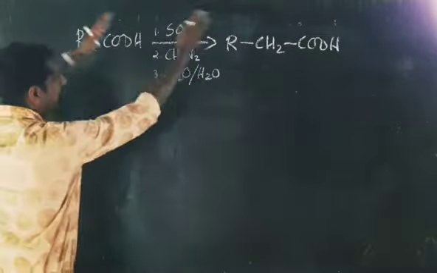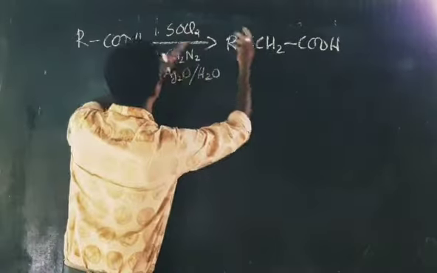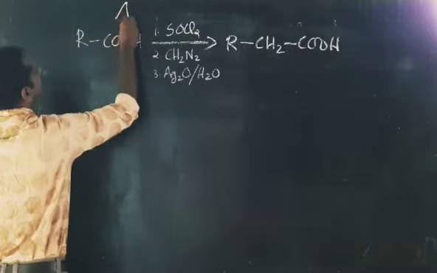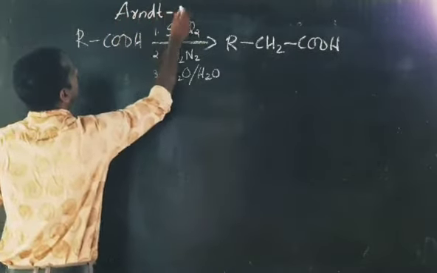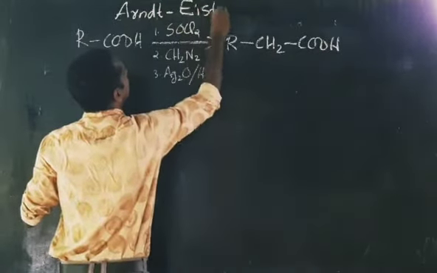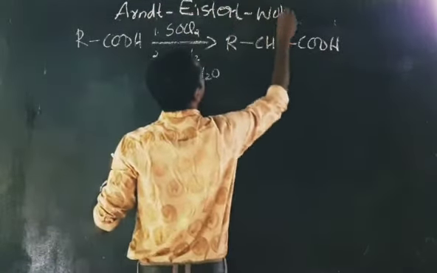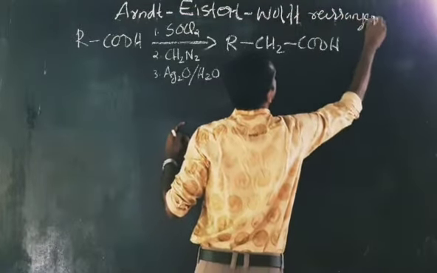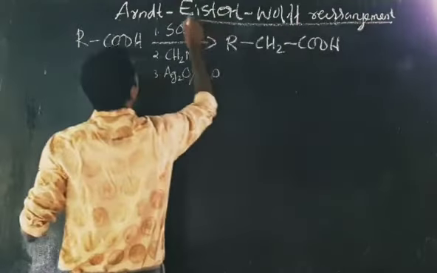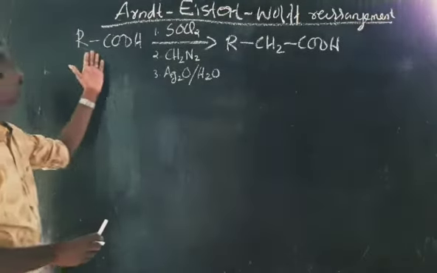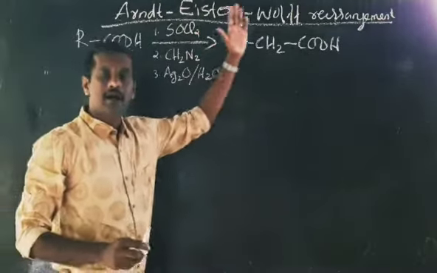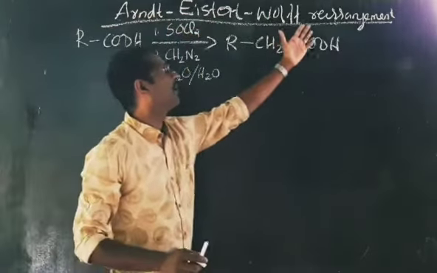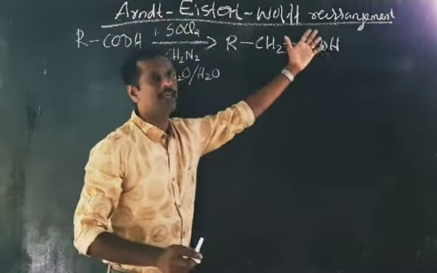The entire rearrangement, that means the conversion of a carboxylic acid to higher homologous acid, is known as Arndt-Eistert rearrangement.